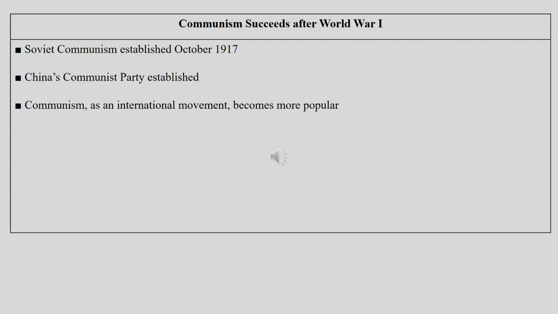By the early 1920s, the Chinese Communist Party would be created by its founder, Mao Zedong. And over the course of the next 30 years, Mao and his Communist Party and Red Army would do battle with Chinese nationalists in order to secure the world's second communist-led nation before mid-century.